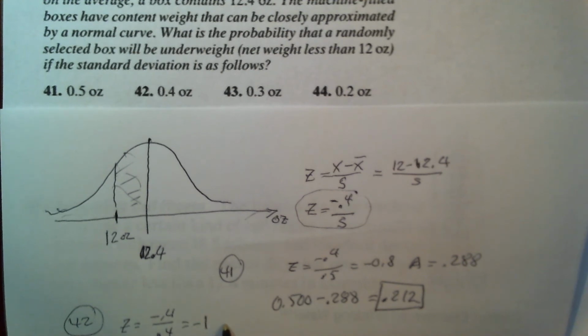And the area corresponding to a z-score of minus 1 is equal to 0.341. So then the area we're looking for, the probability, would be 0.5 minus 0.341, which is equal to 0.159.